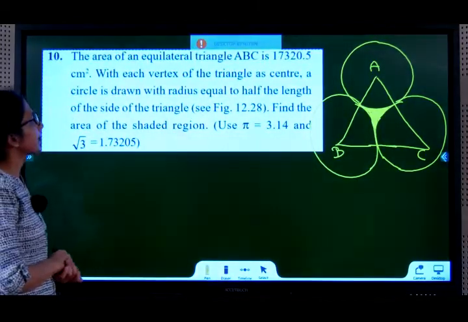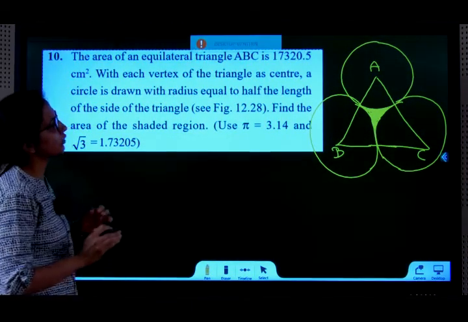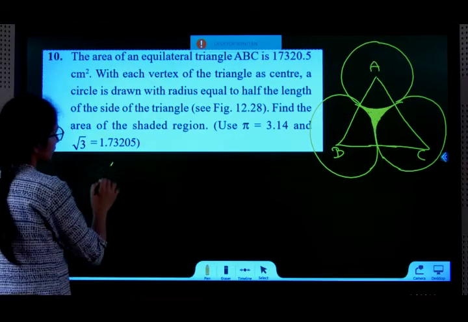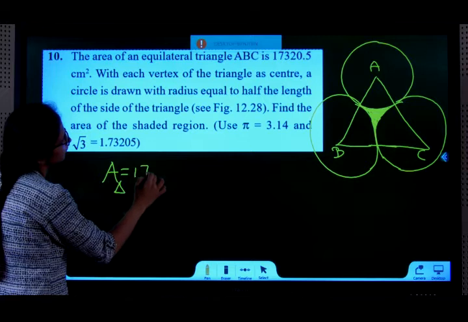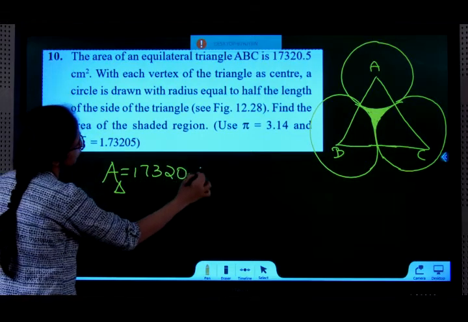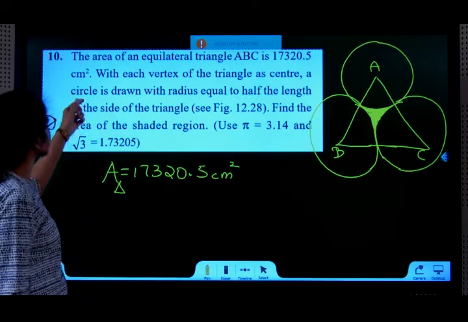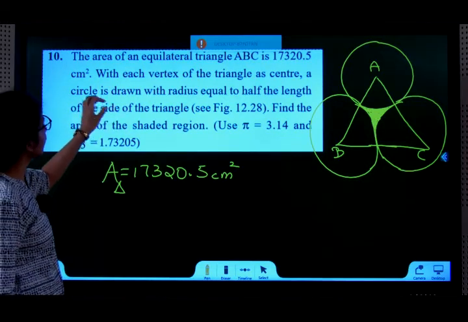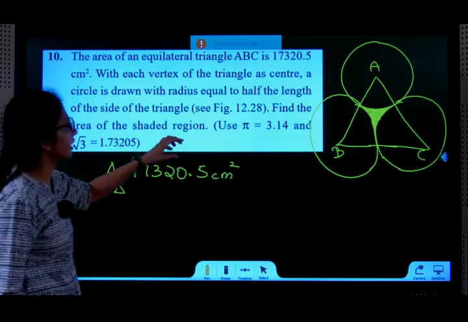Question 10. The area of an equilateral triangle ABC is 17320.5 centimeter square. They have given the area of the triangle itself, 17320.5 centimeter square. With each vertex of the triangle as center, a circle is drawn with radius equal to half the length of the side of the triangle.